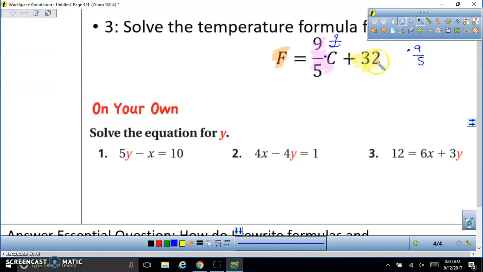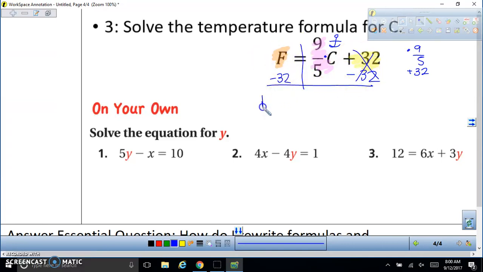And right here, an addition of 32. So undo addition first by taking away. Taking away. Here's your sides. F and minus 32 are not like terms, so keep it as F minus 32 equals 9/5 C. Okay, we undid the addition.